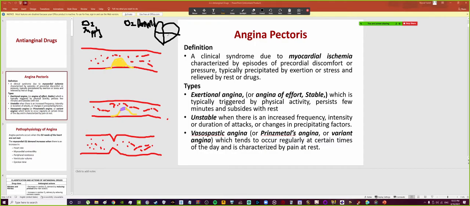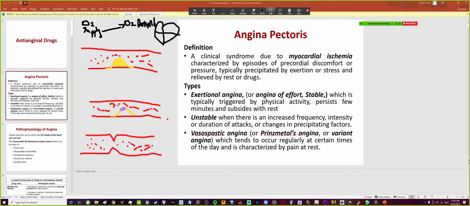Now usually when the heart contracts and pumps its blood to the aorta, the aorta supplies the heart with its two coronary arteries, and when it ejects the blood, it expects the coronary arteries to meet the demand. So whatever this demand is, your coronary arteries are going to supply the heart with a sufficient amount of oxygen.